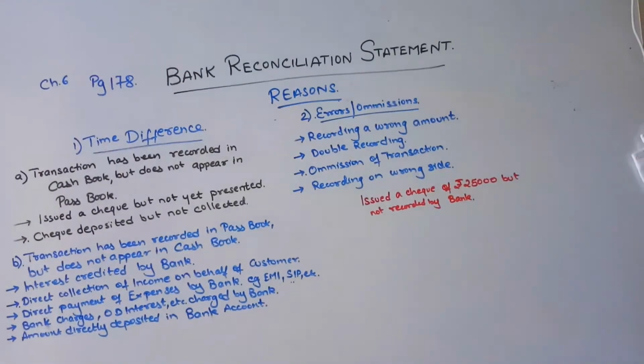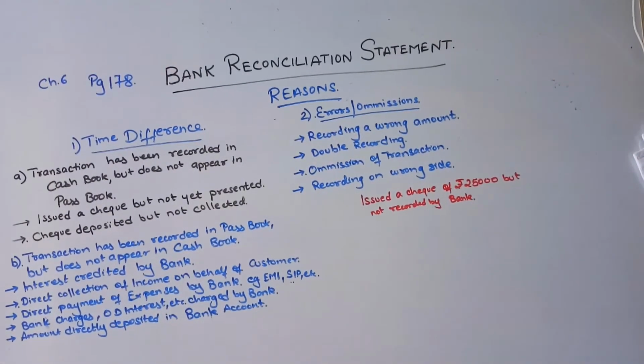What has happened? I have issued a check, but the bank has not yet recorded it in their bank accounts. Correct? It means the check is issued, but the check has not yet been cleared. Maybe the check is not yet cleared, that is why the check is not recorded by the bank as yet.